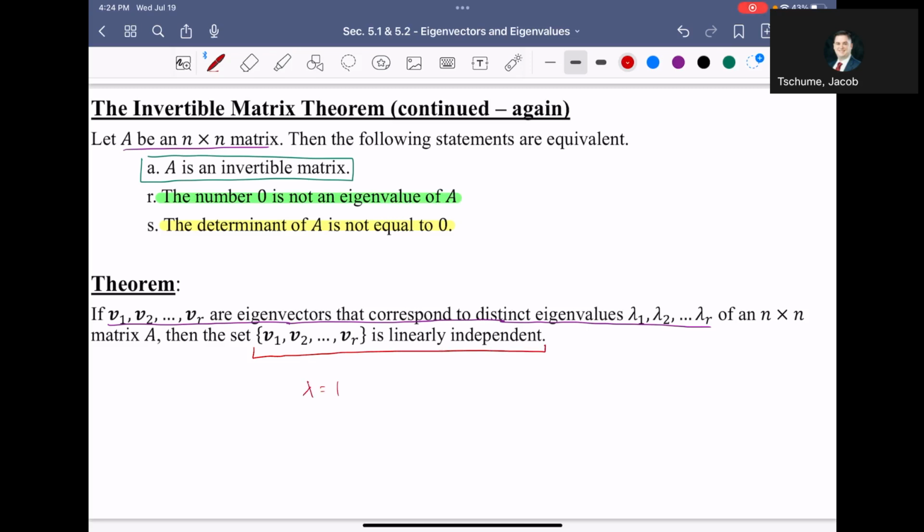For example, if your two eigenvalues were lambda 1 equals 1 and lambda 2 equals 2, and you were to find an eigenvector of both of these, I can guarantee that those two eigenvectors are going to be linearly independent of each other. Not only that, going back to my discussion earlier, let's say that lambda equals 1 actually gives us a basis of 2 eigenvectors, while lambda equals 2 would only give you a basis of 1.